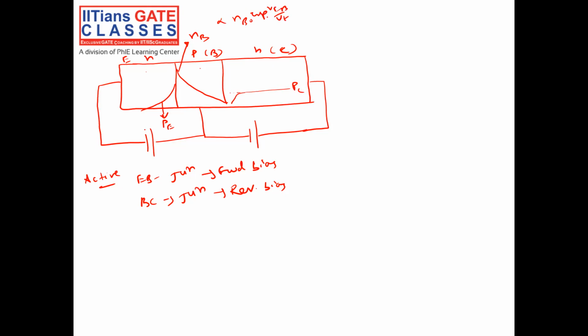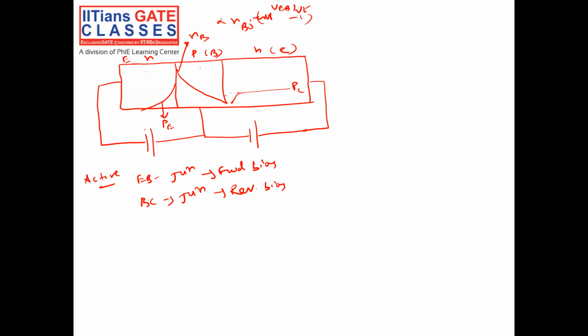So the carrier concentration at a junction is proportional to whatever it was before, times the exponential of the bias I am applying. Since VCB is very much negative, this will be almost 0.